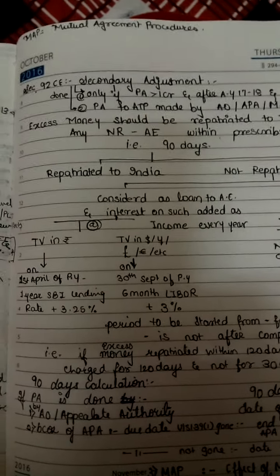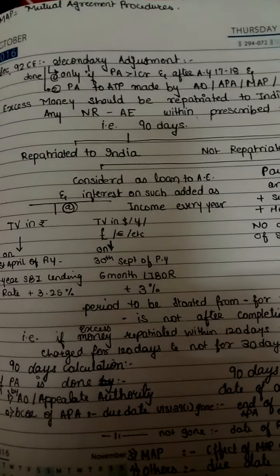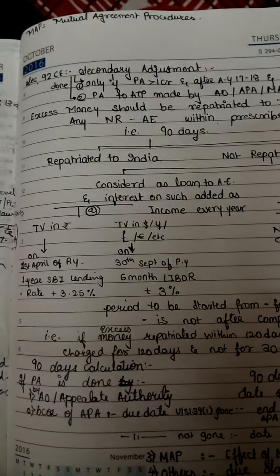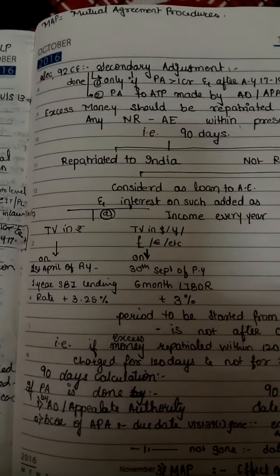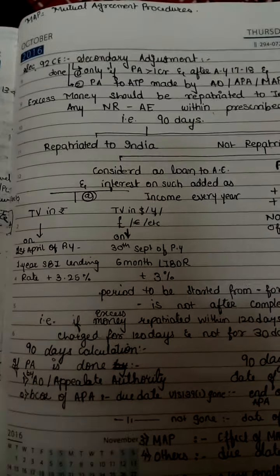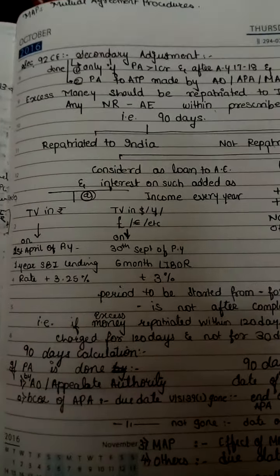Secondary adjustment is the adjustment which is done as interest income on excess money. Excess money, that is, we know the difference between the arm's length price and the actual transaction price.